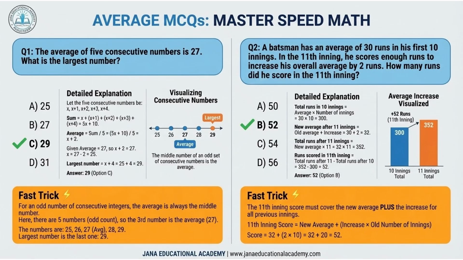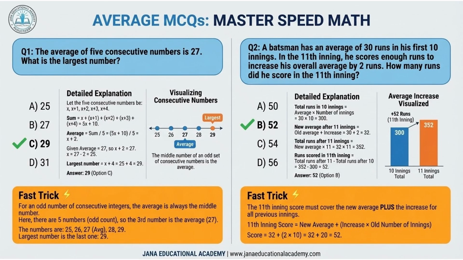Or we can use the traditional method explanation. The 5 consecutive numbers are x, x plus 1, x plus 2, x plus 3, x plus 4. Adding all together, we get 5x plus 10. The average is 5x plus 10 divided by 5, which is x plus 2. So x plus 2 is equal to 27, and we can calculate x is equal to 25.